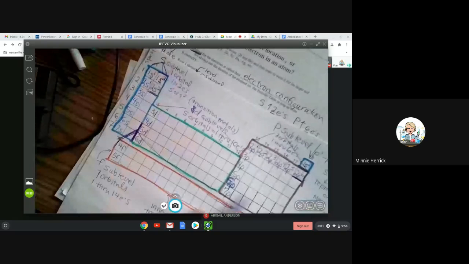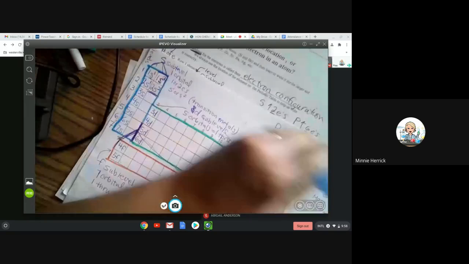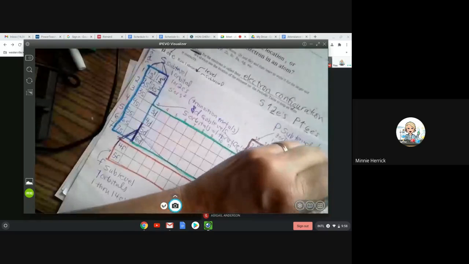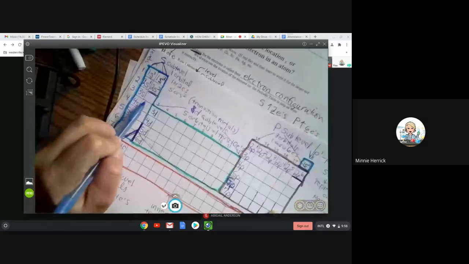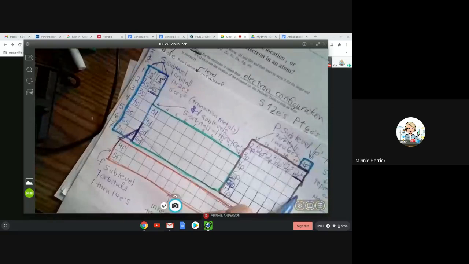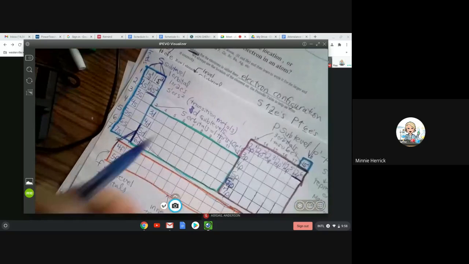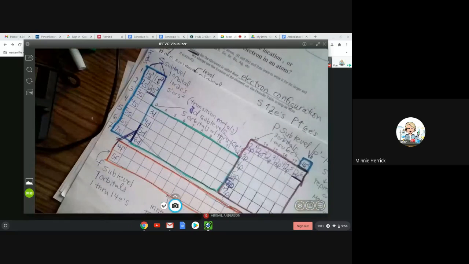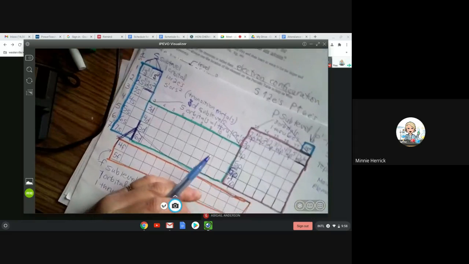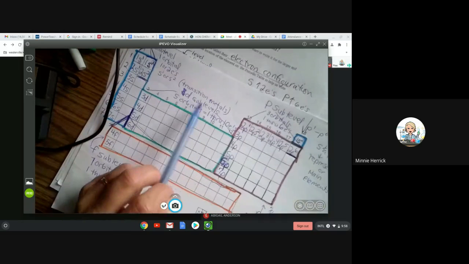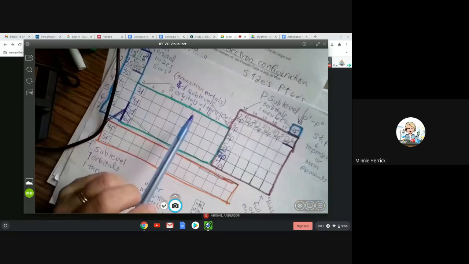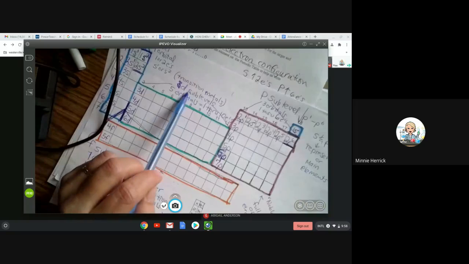Even when you're down here, you're going to say 1s2, 2s2, 2p6, and then we're going to say the next sublevel, then the next sublevel, then the next sublevel. You're going to continue to write the same thing down, and it's going to be this address, this location of all the electrons.